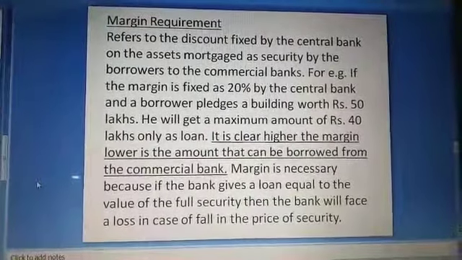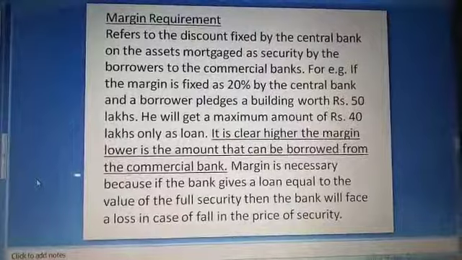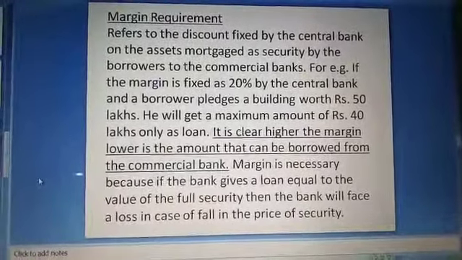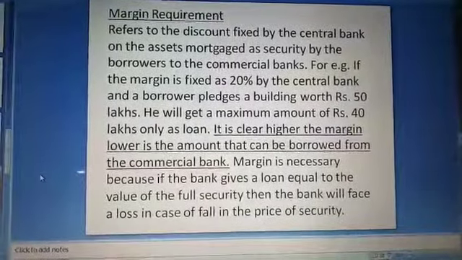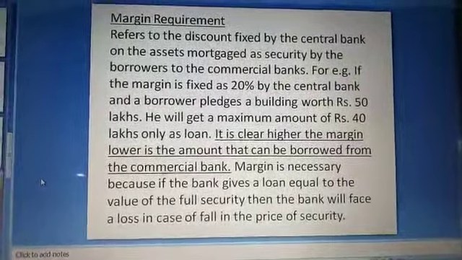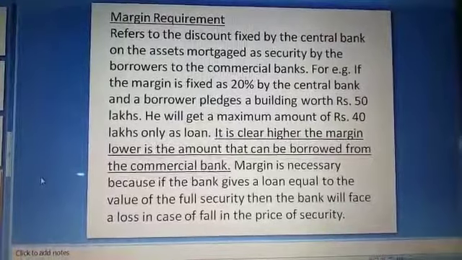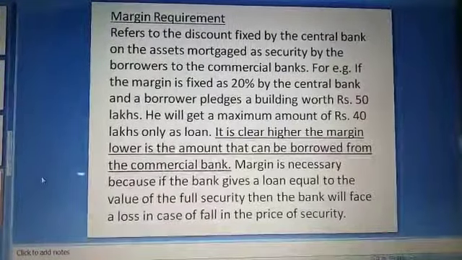Now, margin requirement, as I told you, is the only qualitative measure that we have to study. Now, what does it refer to? It refers to the discount fixed by the central bank on the assets mortgaged as security by the borrowers to the commercial bank.